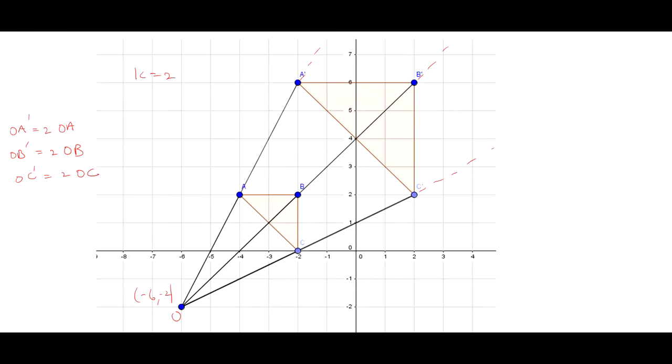Now look at something as well. AB, if we just look at this graph here, is 2 units, and A prime B prime is, let's check it, 1, 2, 3, 4 units.